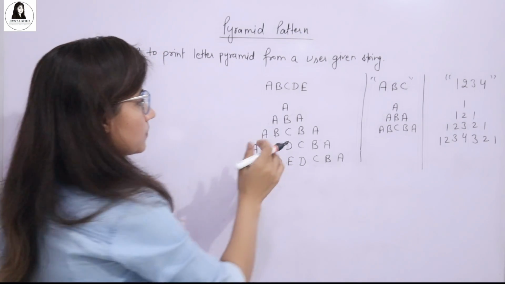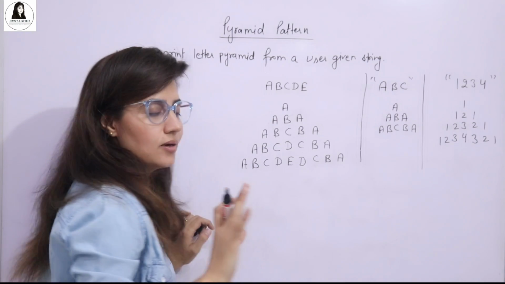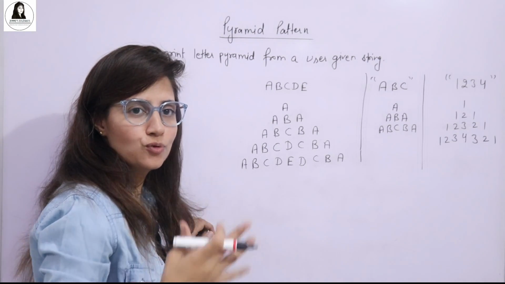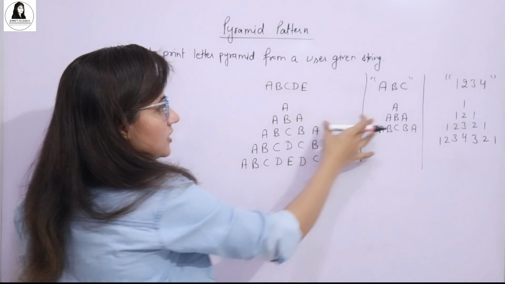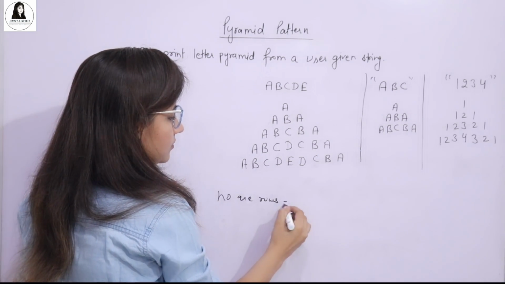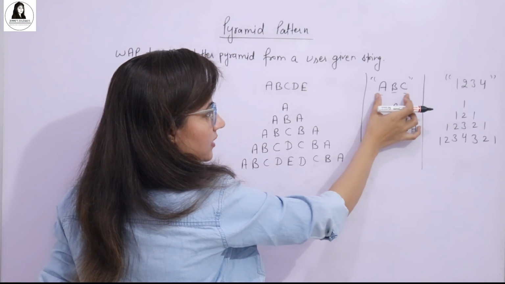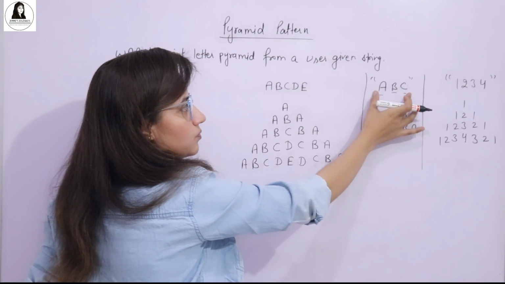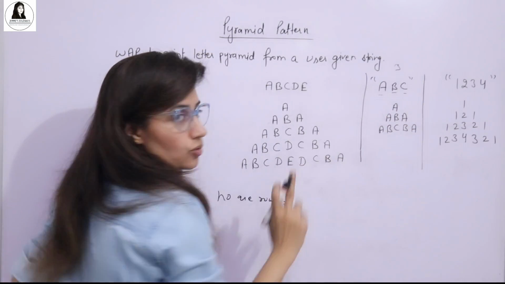First of all, in these pattern printing programs, you have to decide the number of rows and the number of columns. From these examples, how many rows are there? If you see closely, the string has 3 characters, so the length of the string is 3, and there are 3 rows only.